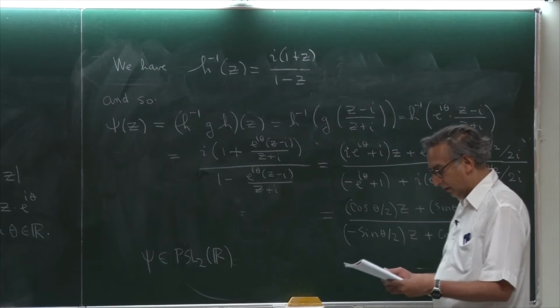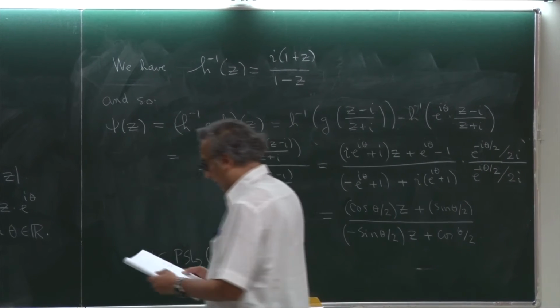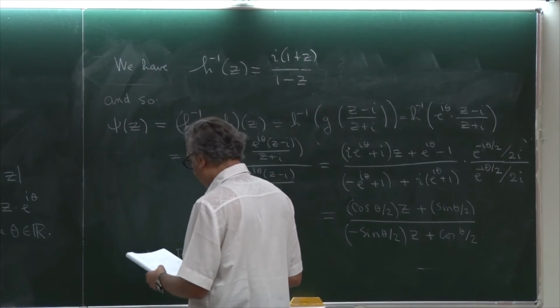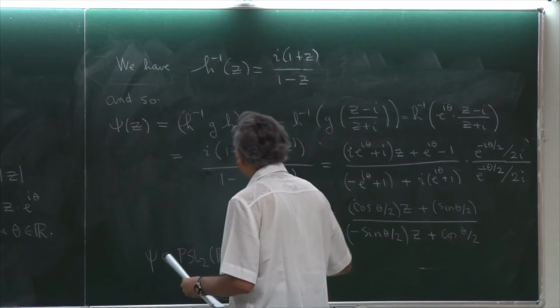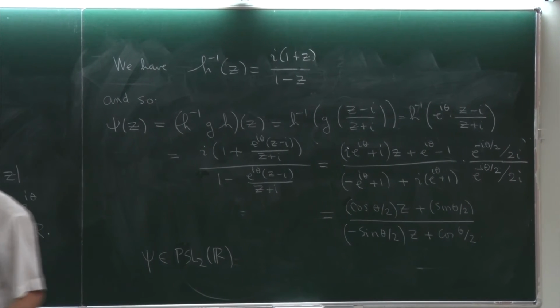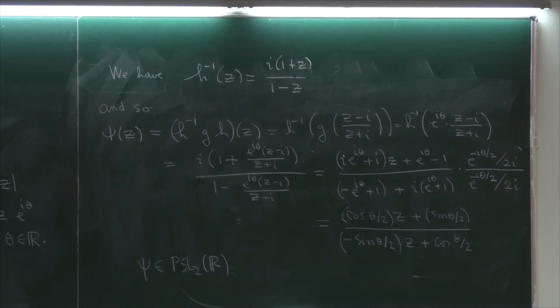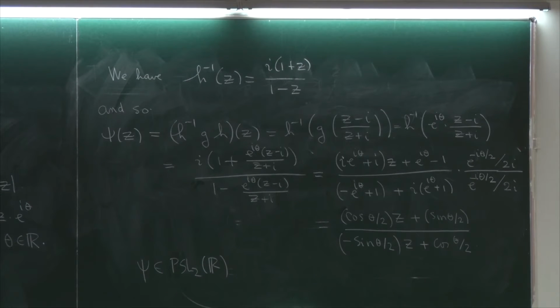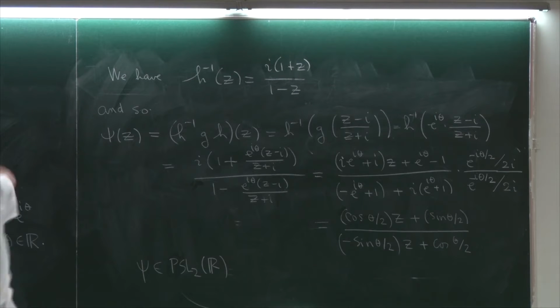So this shows that, what was psi? Remember, I started off with the analytic automorphism, which was phi, and I defined psi in terms of phi. But now I work backwards and see that I can rewrite phi in the same way.